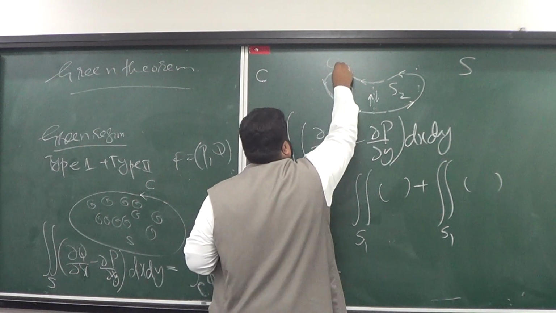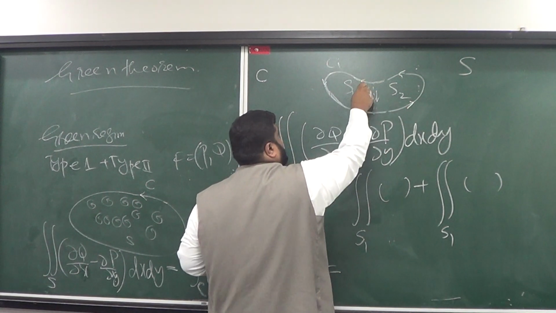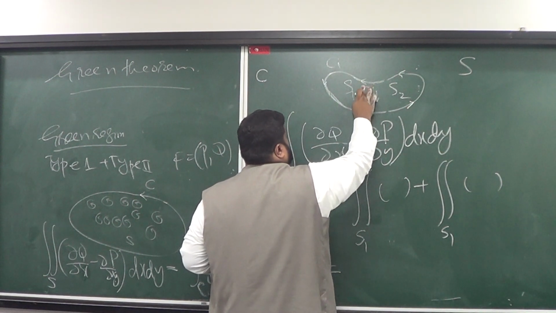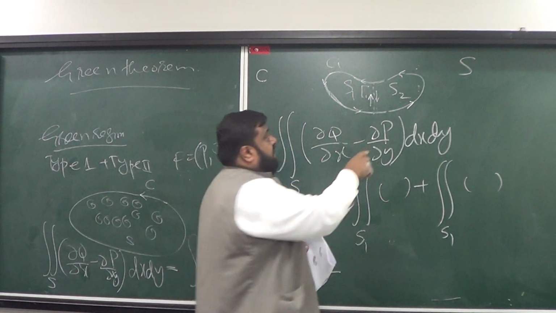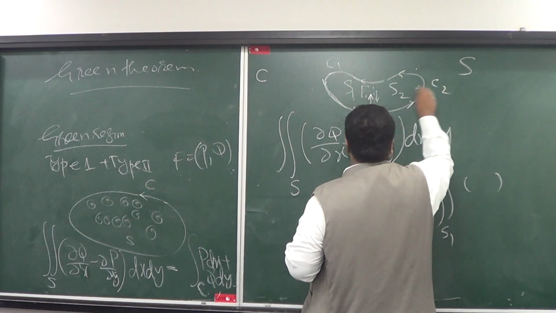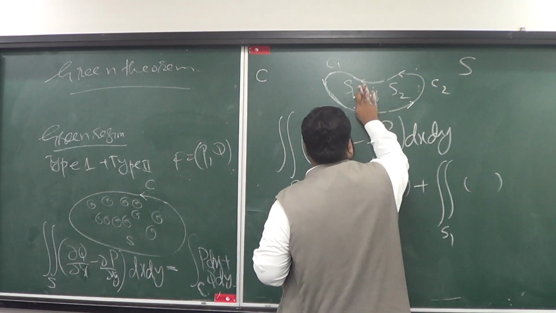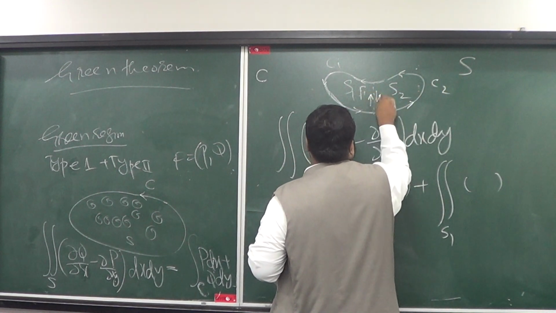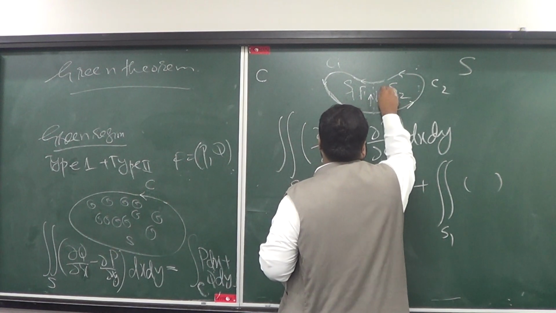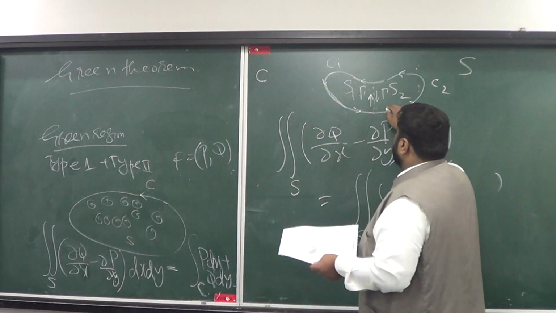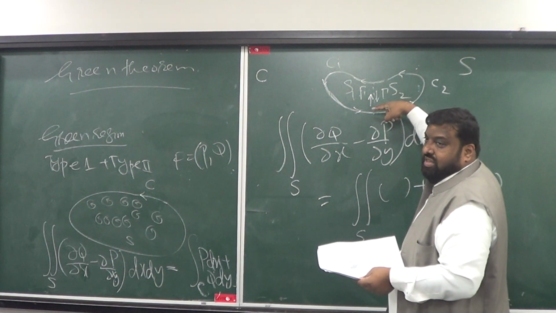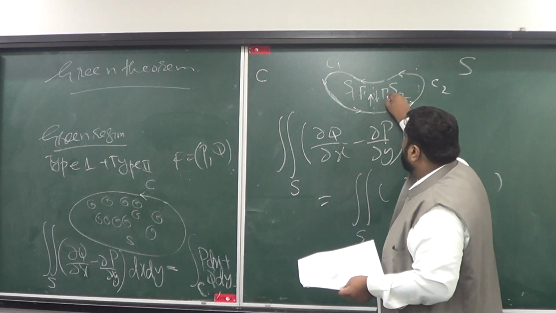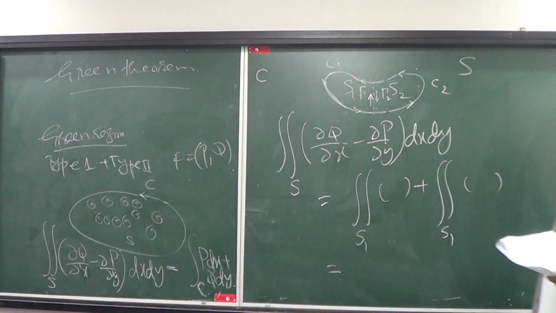Calling this curve C1 and this line gamma 1, and this curve is C2 and this line is gamma 1 and this would be gamma 2, but gamma 2 is the same as gamma 1 with a negative orientation. So if you wish, let's call it gamma 2 for now.